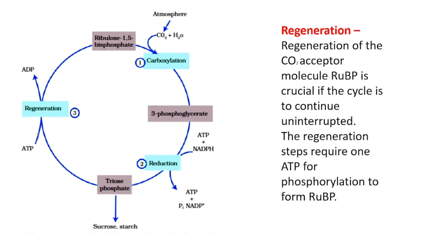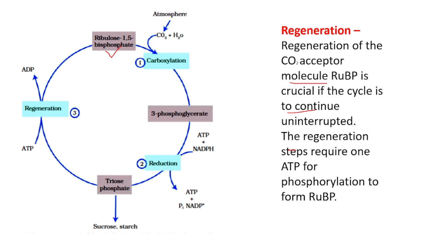After reduction, there is a regeneration of RuBP, so that the cycle continues and more carbon dioxide from the atmosphere is fixed to form sucrose. So regeneration of RuBP is crucial as it provides uninterrupted fixation.